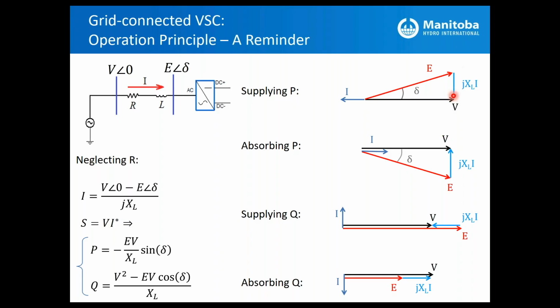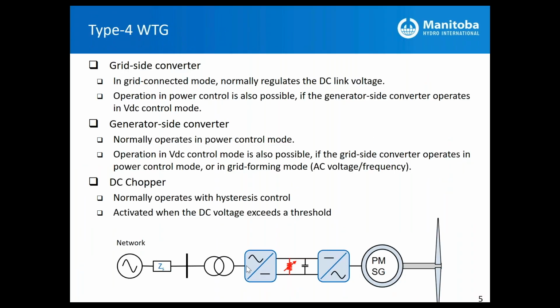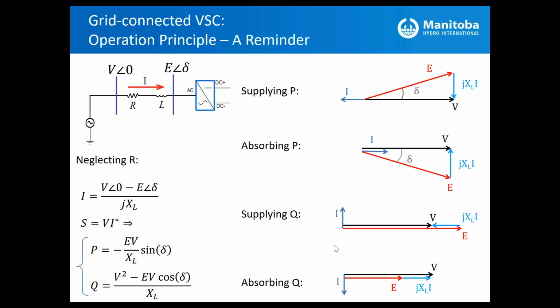Because if it is not a reliable reference voltage, then any additional changes in the phase angle difference between the converter voltage and the grid side might lead to incorrect values of active and reactive power, which means you might end up with unacceptable or undesirable exchange of power between the AC side and the DC link. And that may lead to instability and subsequent trip of the unit.